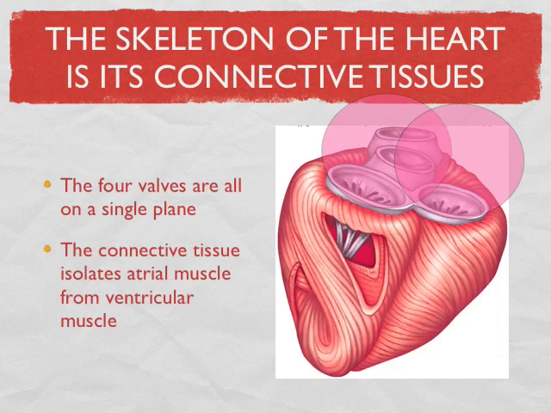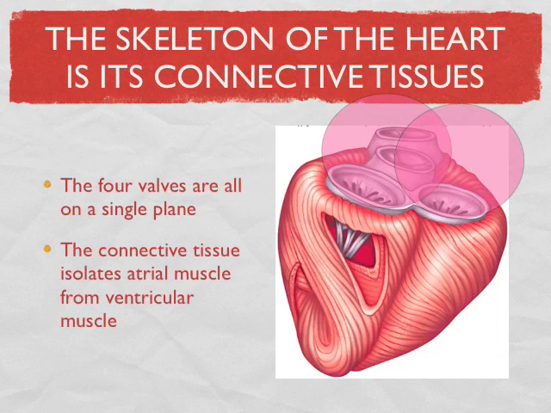Now, what I don't want is if the ventricular muscle contracts, I don't want the atrial muscle to contract at the same time. I don't want the muscle cells in the atrium to be connected to the muscle cells in the ventricles. I want them to contract separately. So really, this connective tissue provides an electrical separator, right? So that when the atria contract, that's all they're going to do.